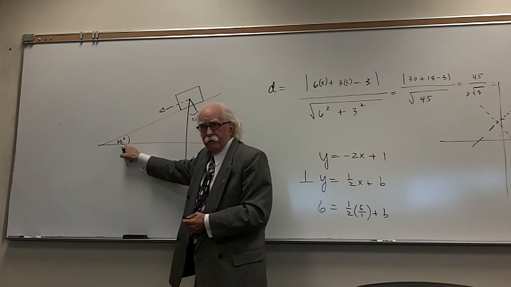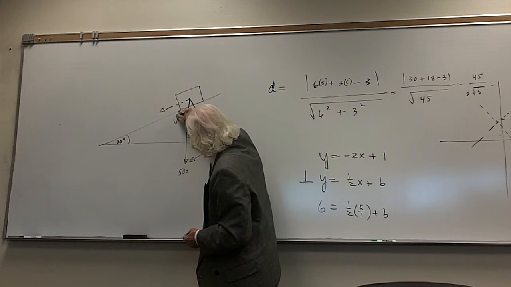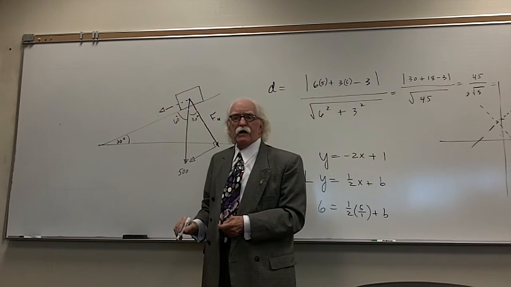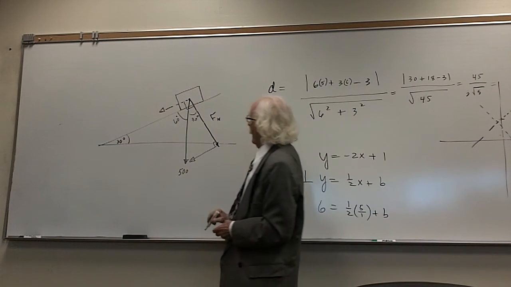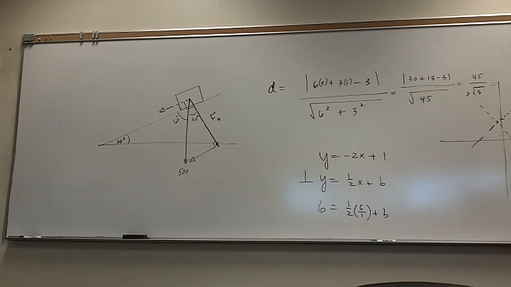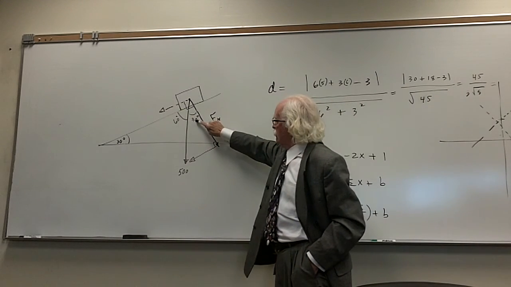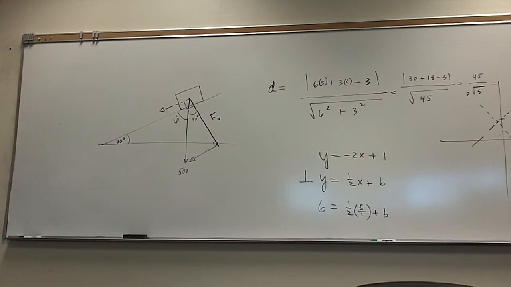If this is 30, then this angle right there has to be what? 60. Am I correct? This is a 90-degree angle. So if that's 60, then the other one has to be what? It has to be 30. So whatever angle the inclined plane is, has to be this same angle right there.